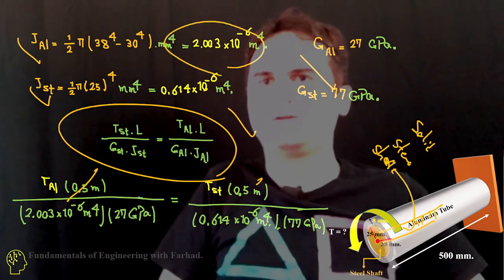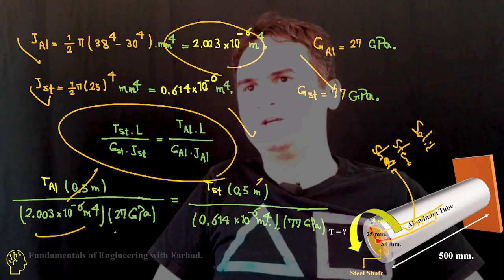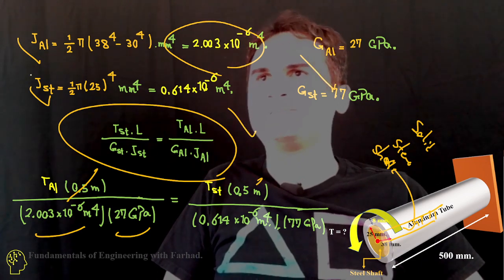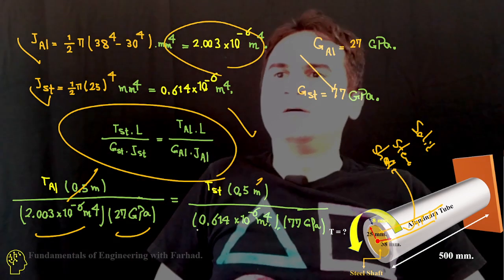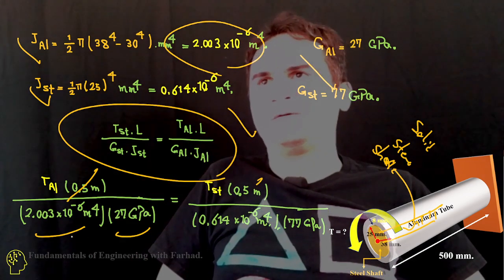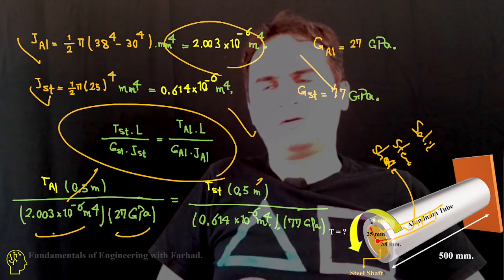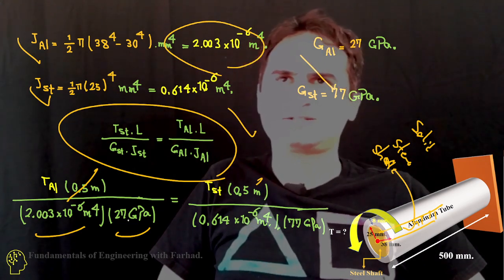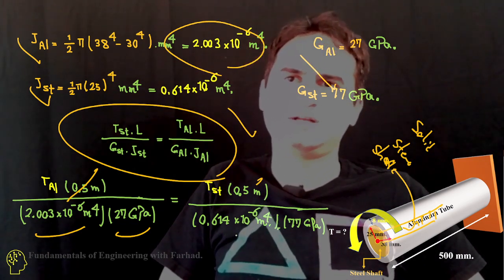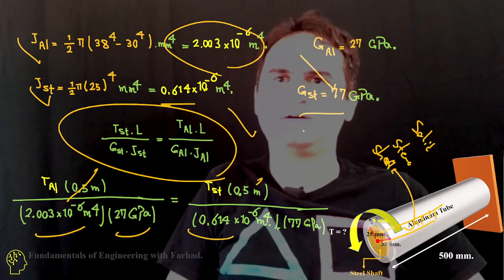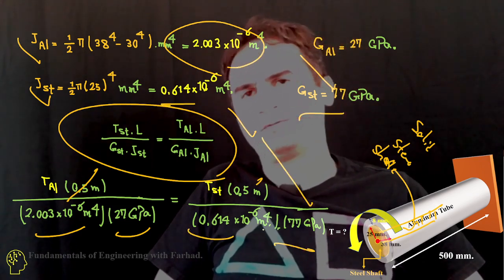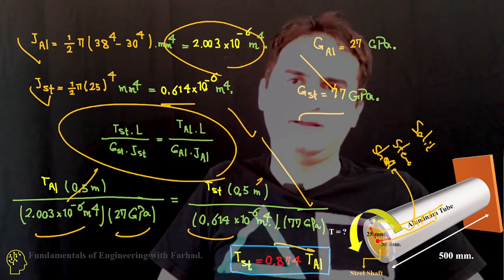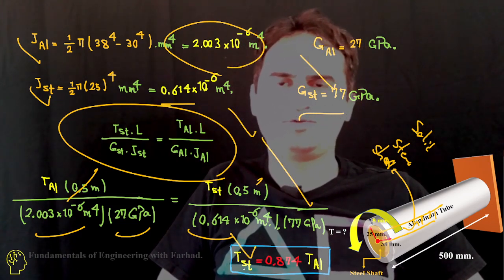Place the numeric values for G and J, for example J for aluminum is almost 2 times 10 to the negative 6 times 27, and do the same for steel, times 77 for the rigidity modulus. It just gives you a relation between the portions.